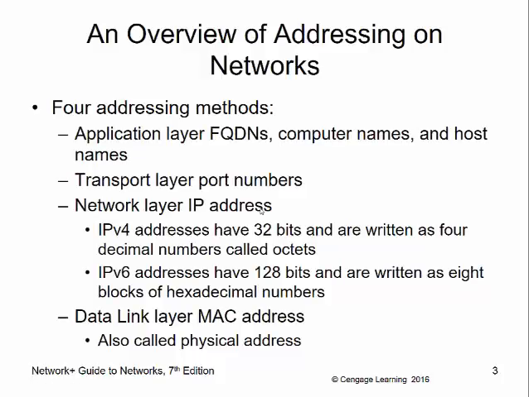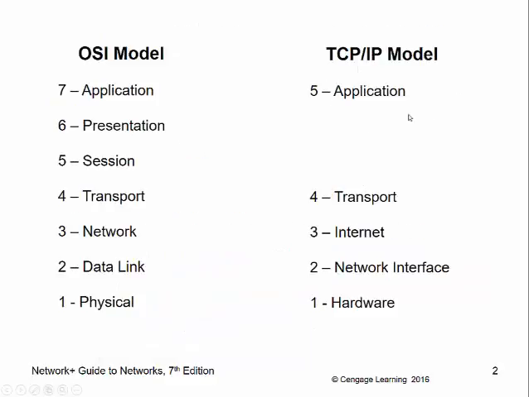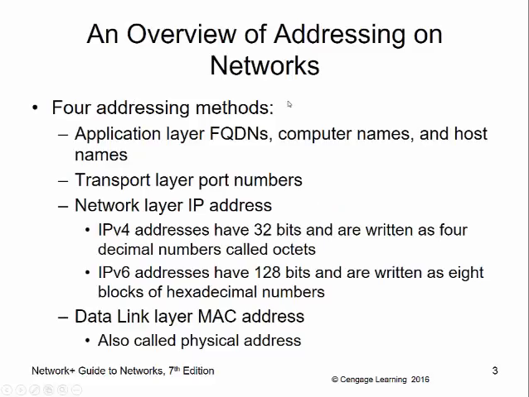So, addressing, what's going on there? Well, there are different types of addresses that both we humans use to refer to computers on networks, and that the computers use to refer to other computers. And they exist across a number of layers. At the very top, up here at the application layer, where our application protocols live, we have computer names, host names, and these are human readable names.